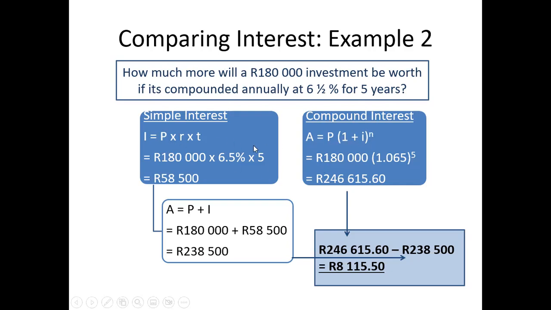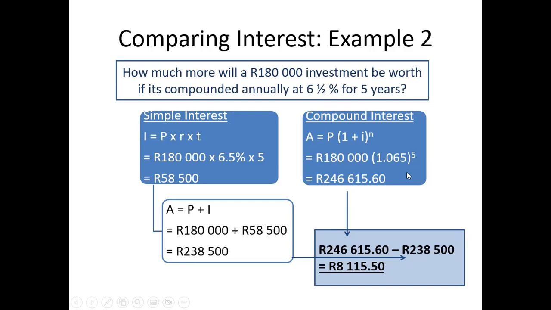We write down the two formulas again. We replace the values to get the answers. Just remember here, once again, to change the 6.5% to a decimal before we add it to the 1. And we get 58,500 on the simple interest side and 246,615 Rand and 60 cent on the compound interest side.